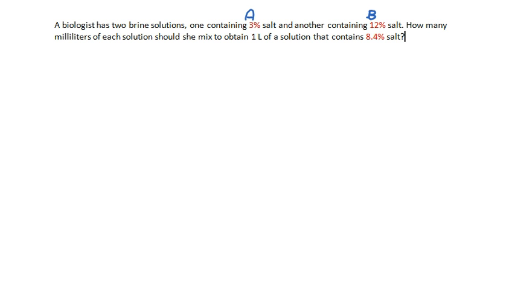And so if we let A be the number of milliliters of brine solution A, and B be the number of milliliters of brine solution B, we're going to mix these together to get 1,000 milliliters or 1 liter. Mix the two together to get one mixture.